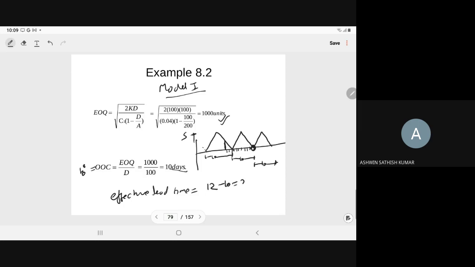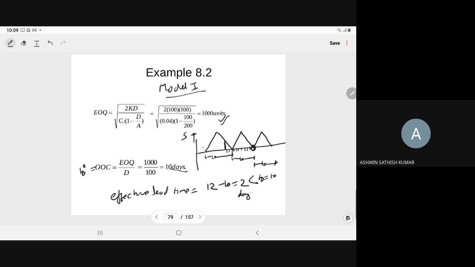So always we consider the lead time must be less than the T naught, that is 10. When the lead time is more than the reorder cycle, or optimum order cycle, or T naught, then take the difference, 12 minus 10, so 2 days. So the effective lead time is 2 days.